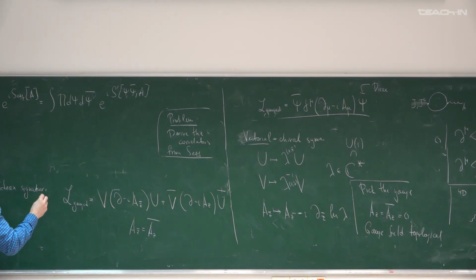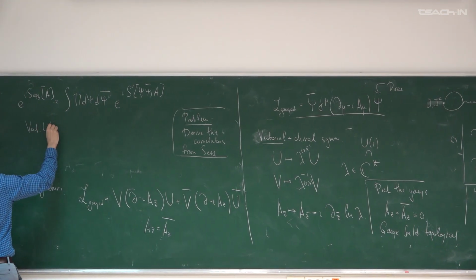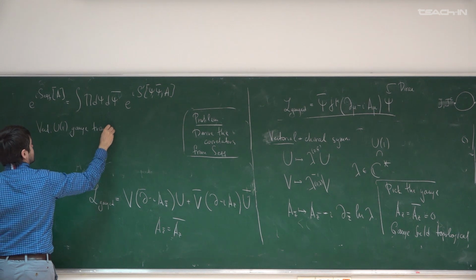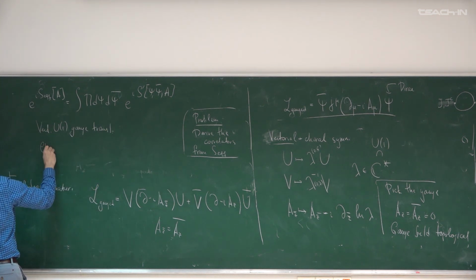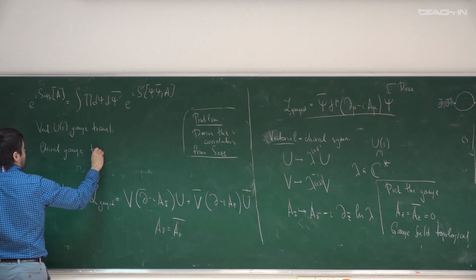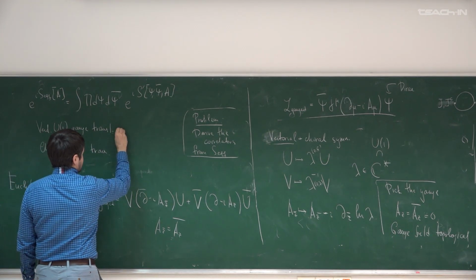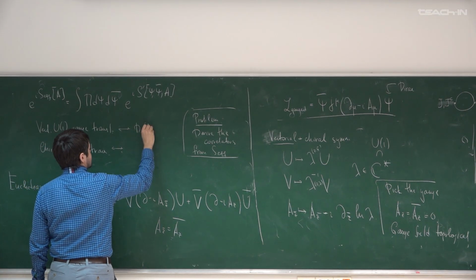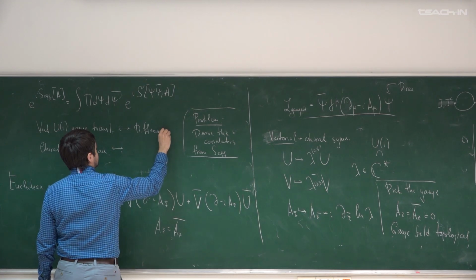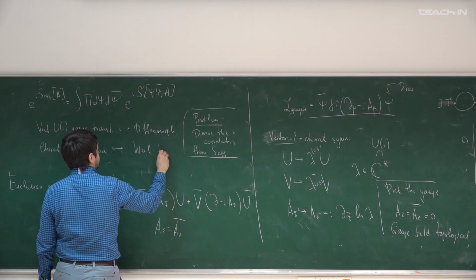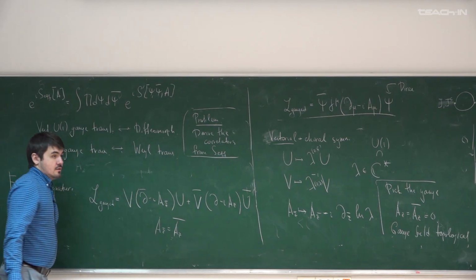Here you have vectorial gauge transformations, U(1), and chiral gauge transformations. At the level of the metric theory, we will have diffeomorphisms and Weyl transformations.